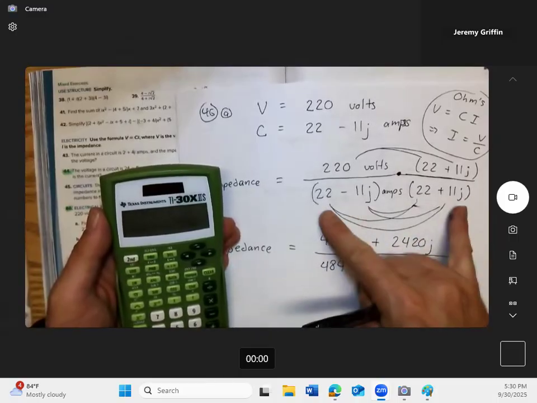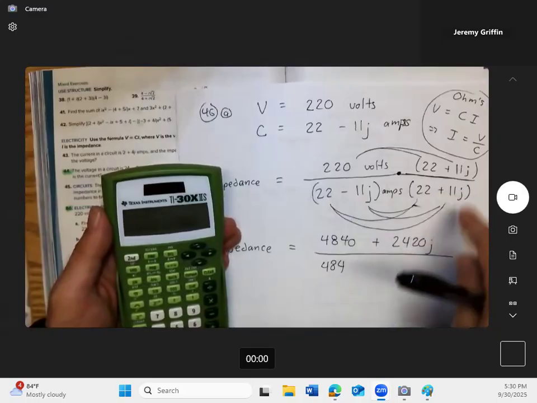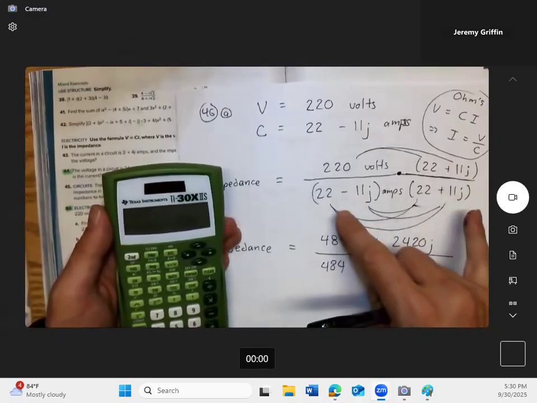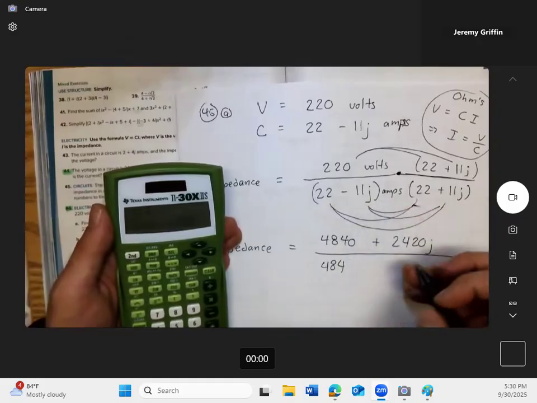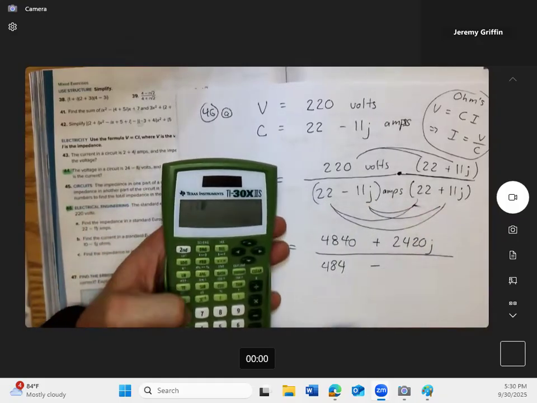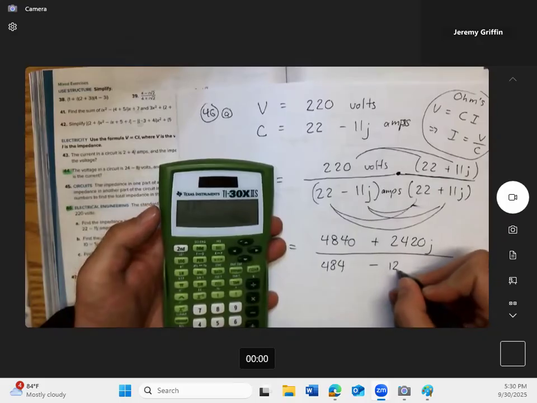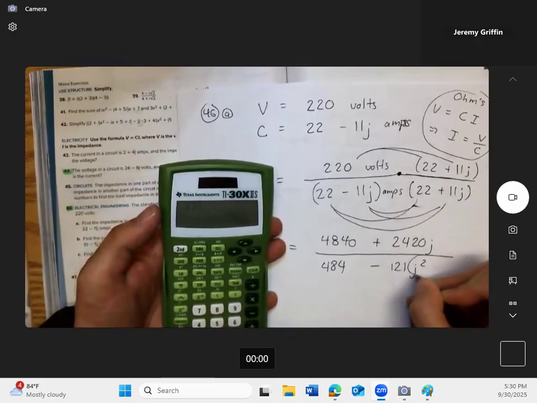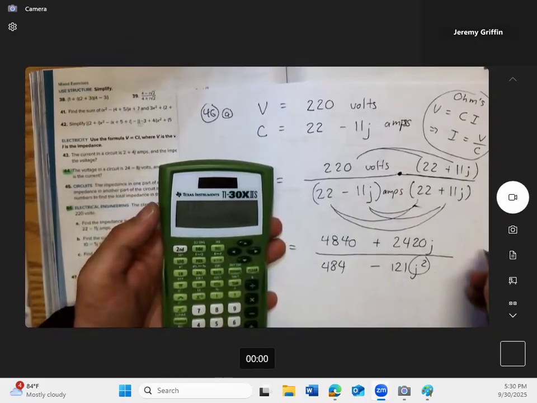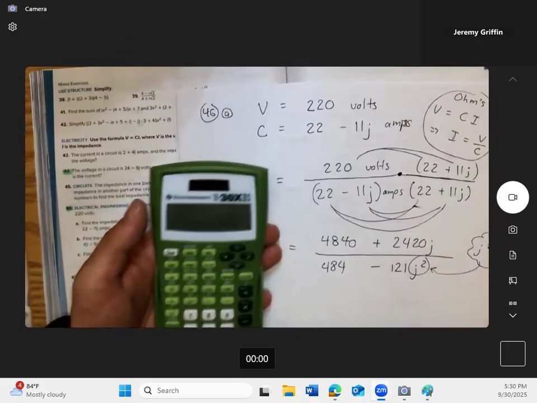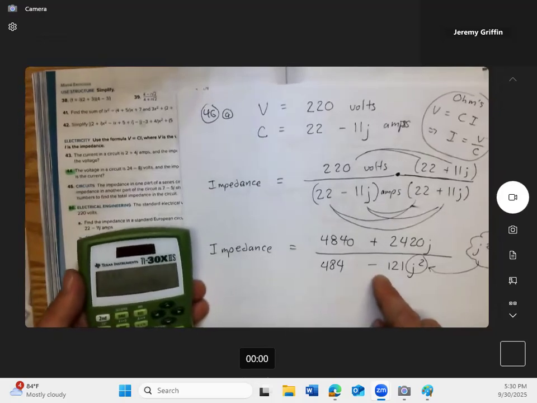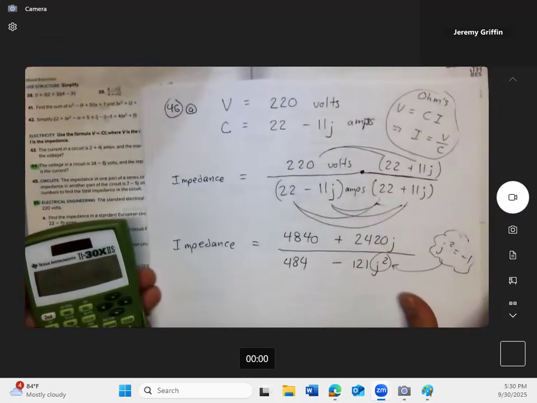Now the denominator: 22 squared is 484. The outside and the inside cancel out because it's set up that way: 22 times 11j minus 22 times 11j. And then finally, minus 11 squared is 121 j squared. But remember, this j squared itself is negative 1. So I'm subtracting negative 121 times negative 1.